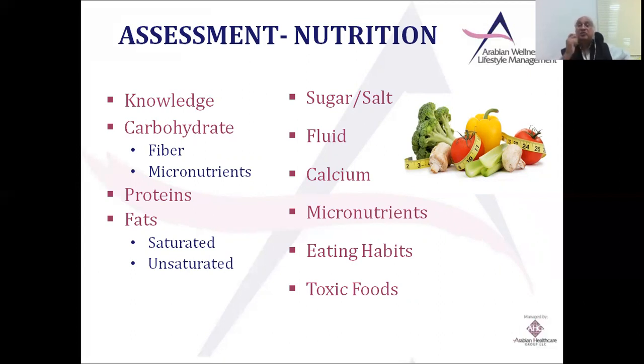We ask questions about sugar and salt, about the amount of fluid you consume, and then correlate it with your blood viscosity. We check whether you have vegetables and fruit to see whether you are getting sufficient micronutrients, antioxidants, vitamins and minerals.